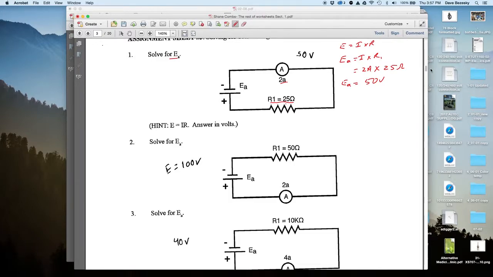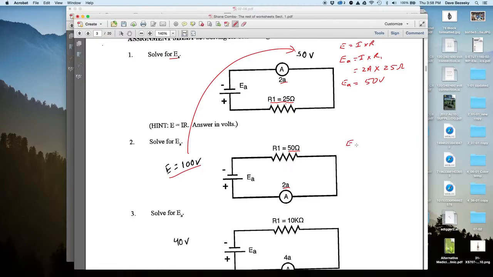Now the next question is similar. We still have 2 amps, but now we've got twice the resistance, 50 ohms. And I see you came up with an answer of 100 volts, which is double what you had up here. Same current, twice the resistance, twice the voltage.